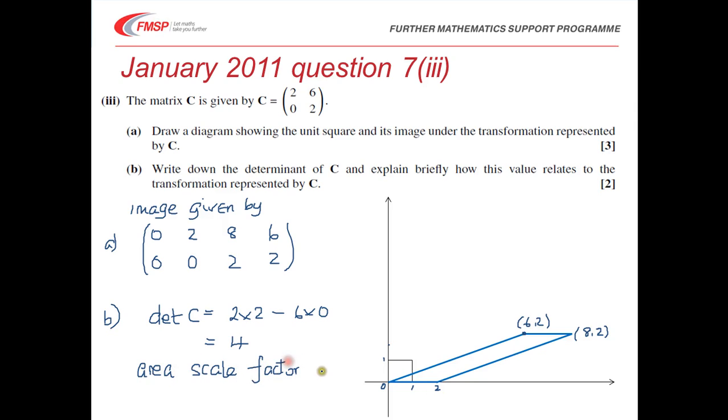And that is the significance of the determinant of a transformation matrix. It gives you the area scale factor. And notice you can see that our parallelogram has a base of 2 and a height of 2. So its area is 4, whereas the area of the unit square was just 1.